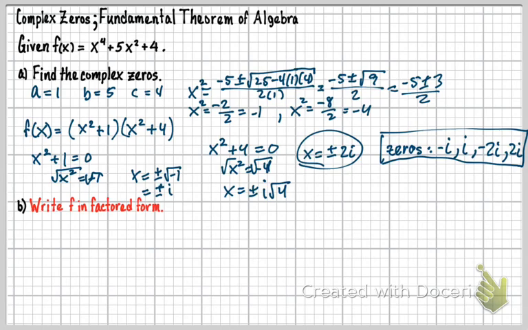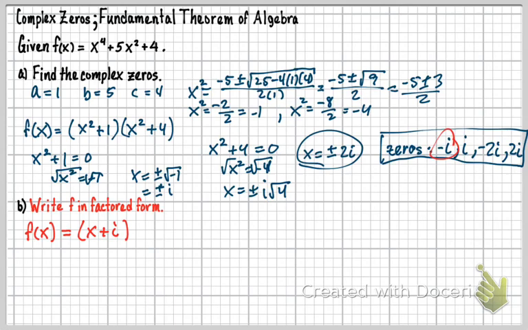Okay, so anyways, let's get into part B now. It says write f in factored form. So now this is easy. Once I have all the zeros, the factors are nice. So that's going to be equal to x plus i, and that's for this zero here. Because remember, it's always the opposite sign.